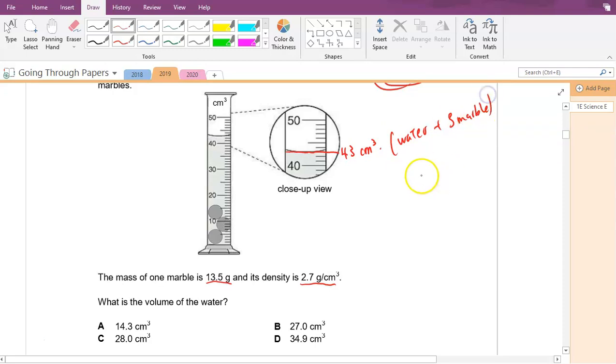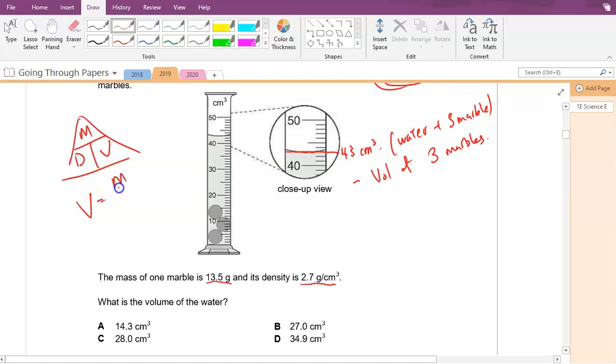Now, to find the volume of water, I need to take 43 minus the volume of 3 marbles. How to do that? They give you the mass and the density, so I can use the density triangle: mass, density, volume. To find the volume, you must take the mass divided by the density. The mass is 13.5, the density is 2.7.